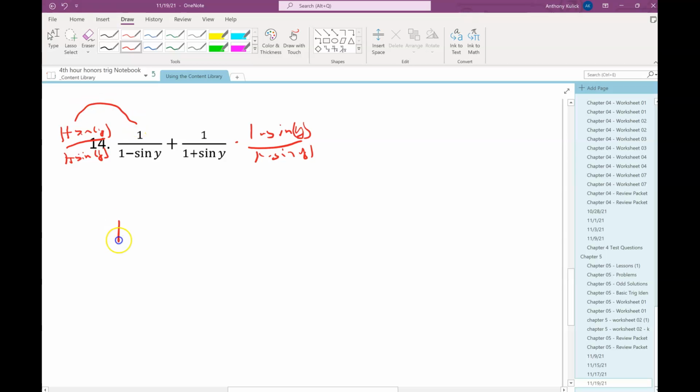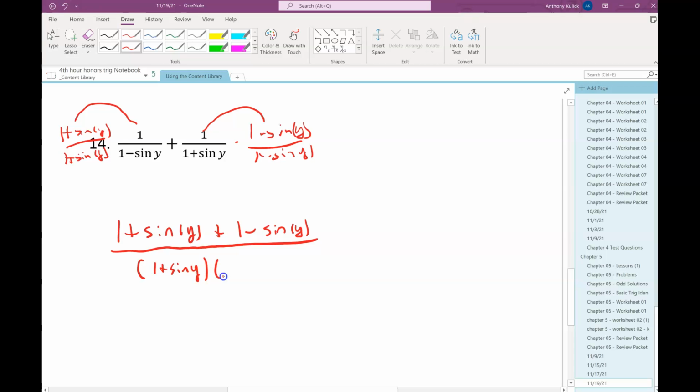So we multiply by 1, and multiply by 1. So far so good?